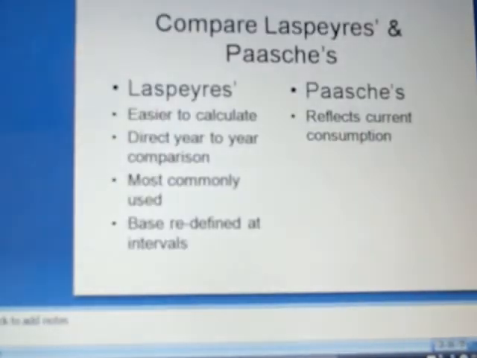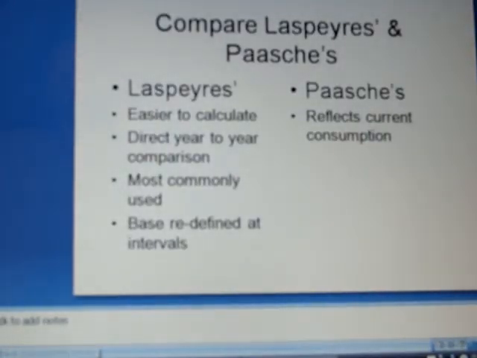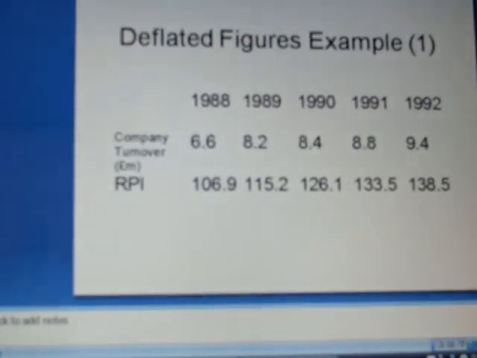Now this RPI can be used to compute the real change in earnings or expenditure, for which we need to learn the techniques of deflation. Let us look into this example, where a company says that the annual turnover is as follows.